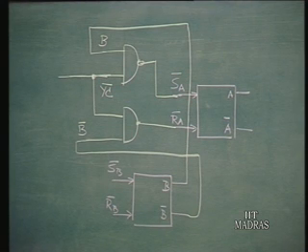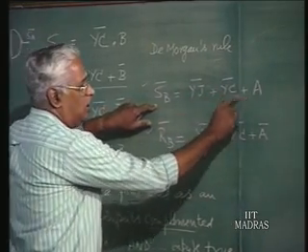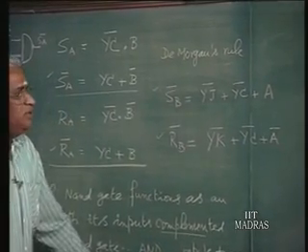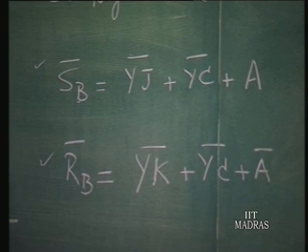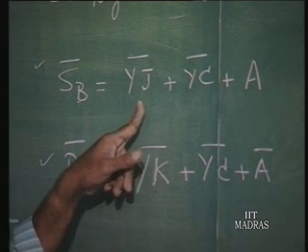Now, continuing, let us go to the other thing, SB bar. Again we have OR function, but this time with 3 inputs, 3 input OR we need, which means a 3 input NAND gate we need, and that again must be complemented.